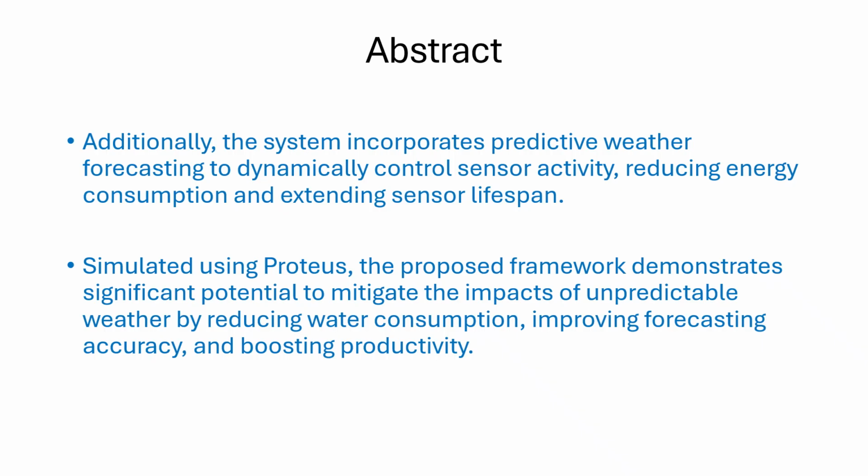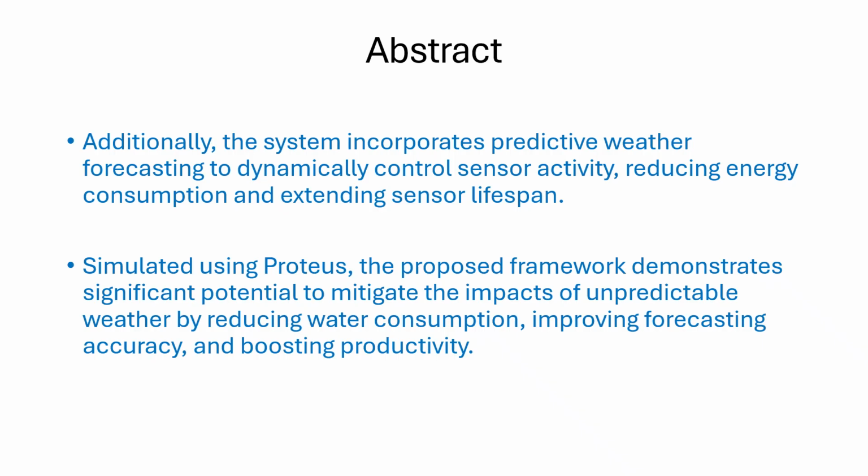Simulated using Proteus, this proposed framework demonstrates significant potential to mitigate, to reduce, the impacts of unpredictable weather. We can't tell about the weather, whether next day there will be rainfall or a sunny day. So in case of unpredictable weather, this method reduces the impacts by reducing water consumption.